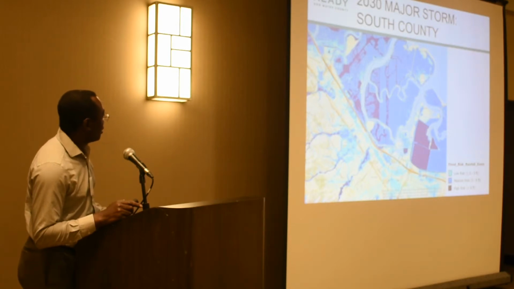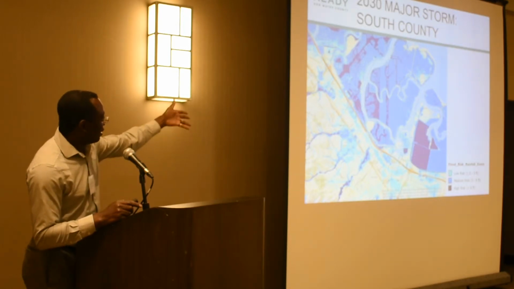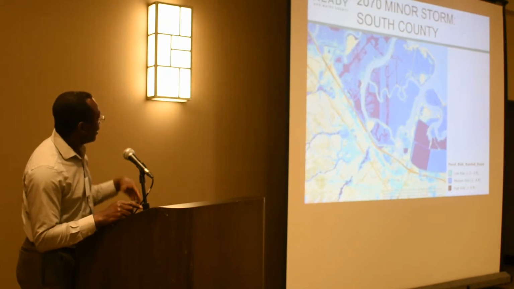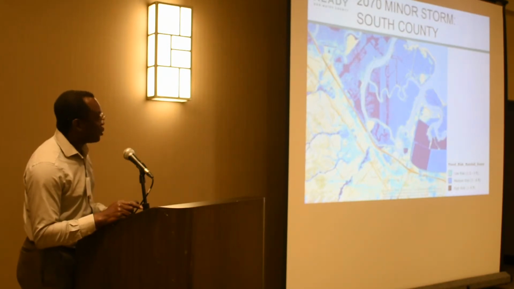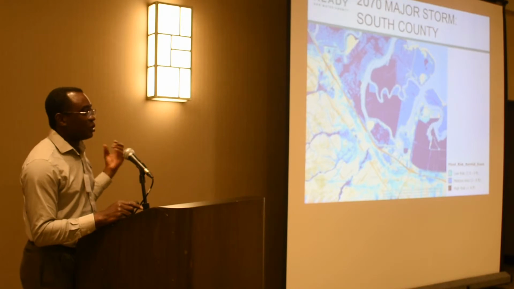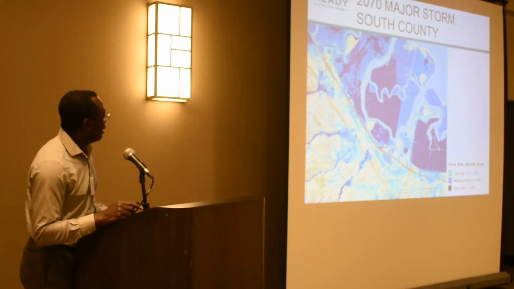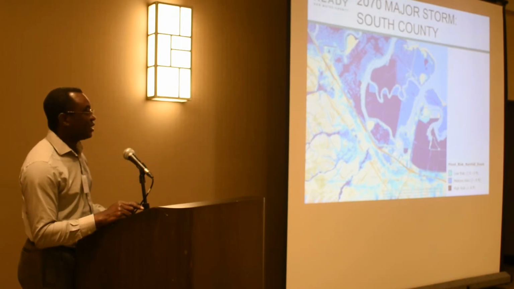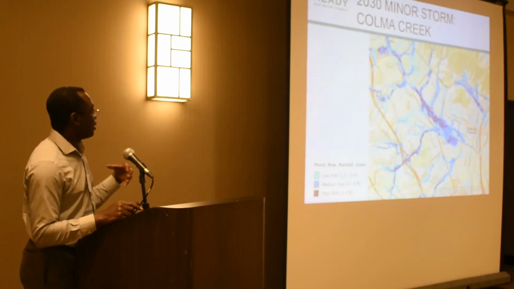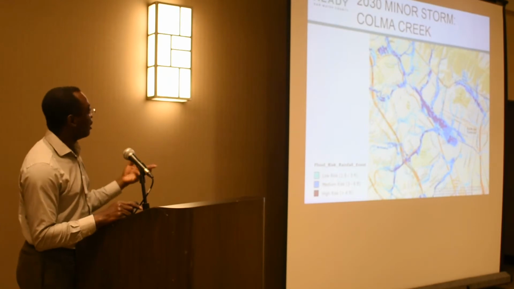Again, under 2030 conditions, you start to see flooding around some of the streets, El Camino, between El Camino and 101, and then the minor storm and 2070 conditions going into the major storm. And by that time, the flooding at the interface is starting to get a whole lot worse. And it's just an illustration of the types of impacts that you see.